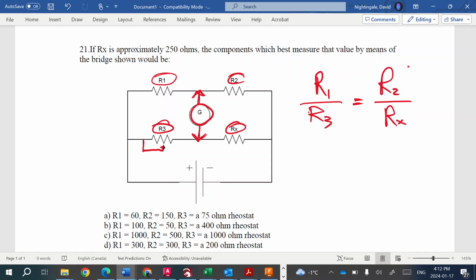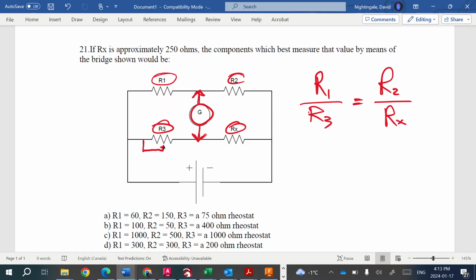Now, R1, R2 would be fixed values. We would know what those resistive values are. R3 would be a rheostat, and that's going to have a range of resistances starting at 0, or for simplicity's sake, we'll say 1 ohm, all the way up to its maximum resistance. And Rx would be the mystery resistance that we're trying to solve for.